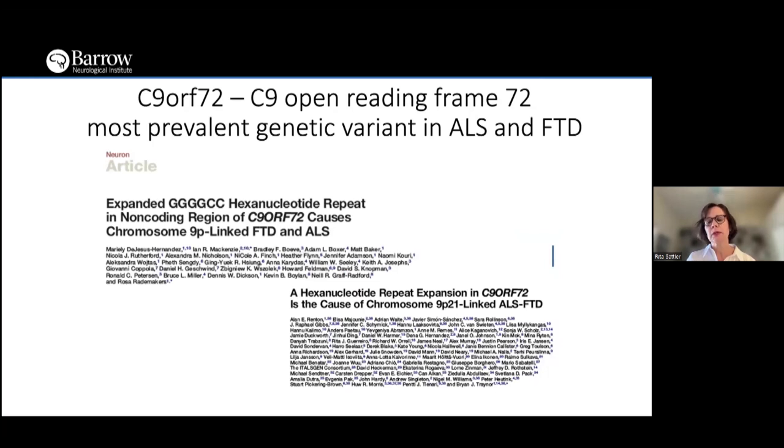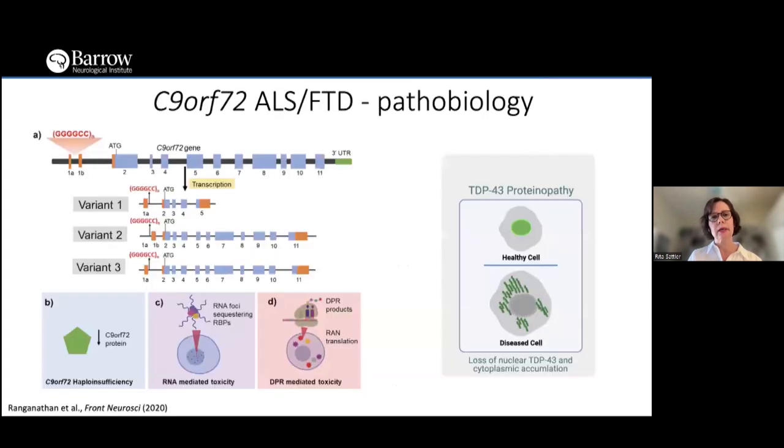It was discovered by two independent labs in 2011, where they found this large repeat expansion of a G4C2 repeat in this gene, and they found it both in ALS patients and in FTD patients. And since then, because of the high prevalence, the community has been extremely interested in trying to understand what leads to the degeneration caused by this genetic variant, including our lab.